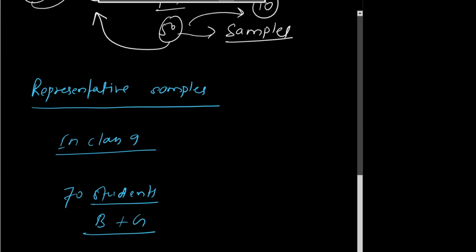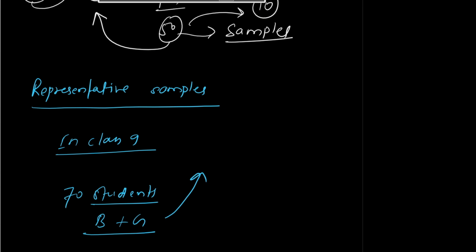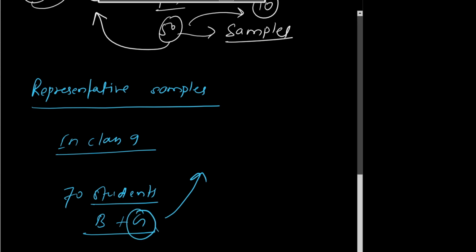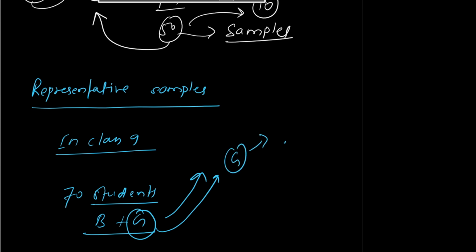But we have to perform a study about the education rate of girls, or women, so we only take girls' data into consideration. And these girls' data act as representatives for all the girls of class 9.